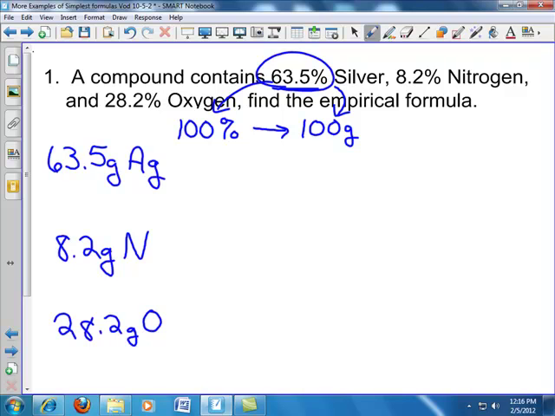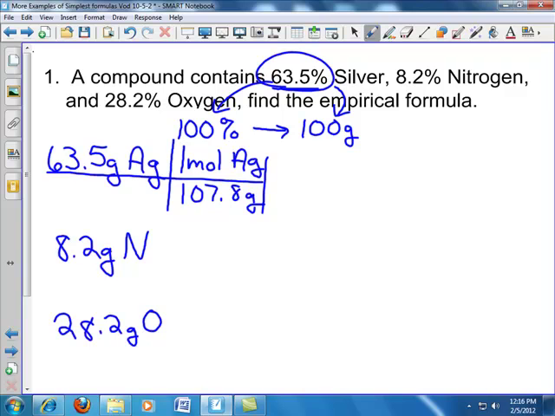Step 2 then, if you remember, a formula is really a mole ratio. So in step 2, we're going to change all of these to moles by looking up the molar masses of these elements on the periodic table. The molar mass of silver is 107.8 grams, and we get that right off the periodic table.